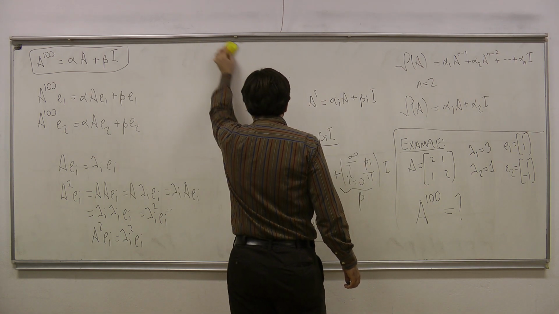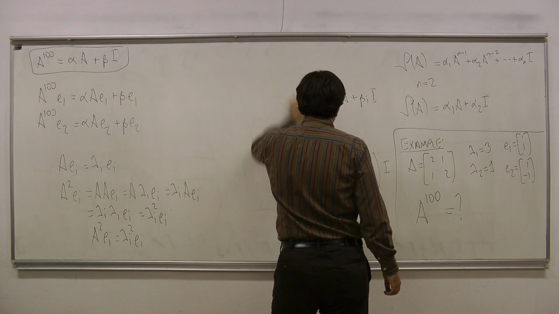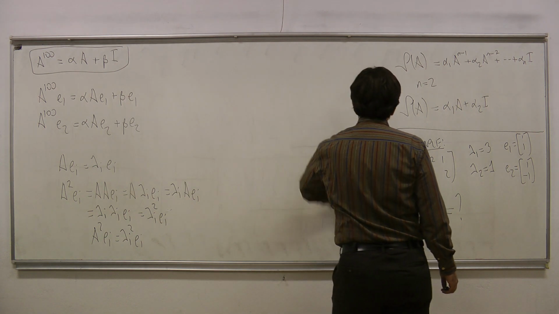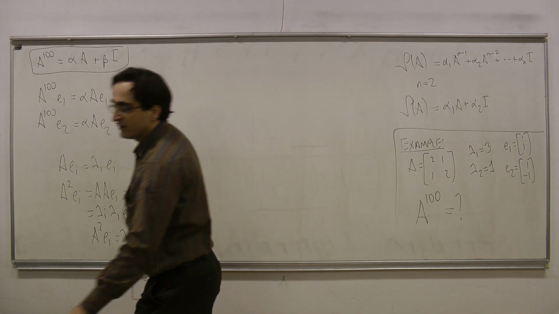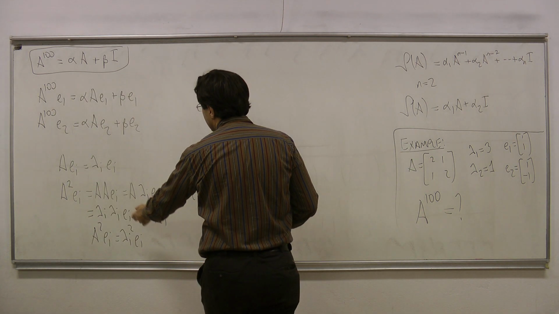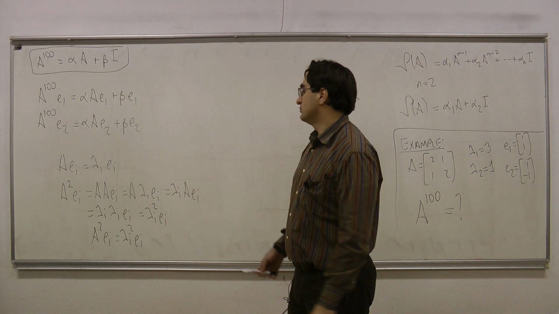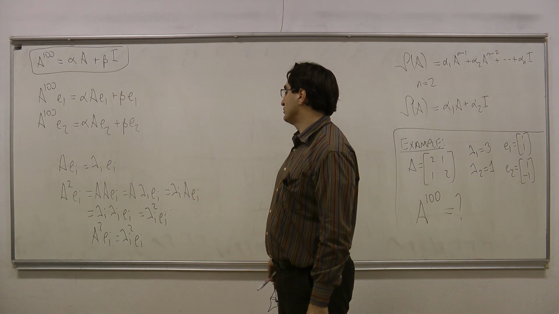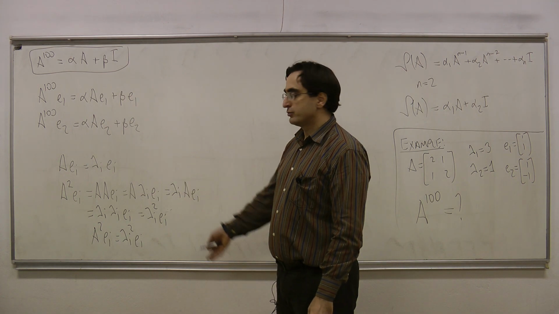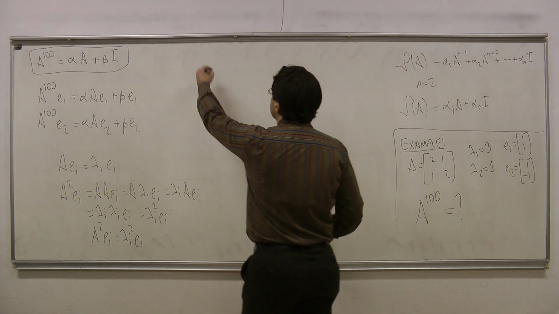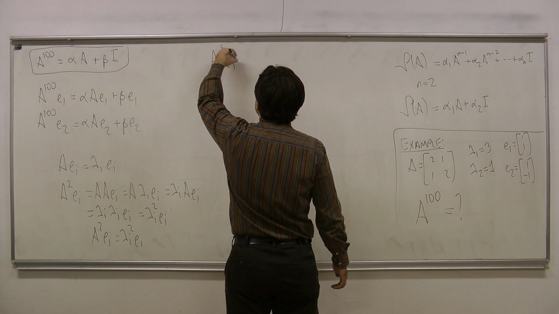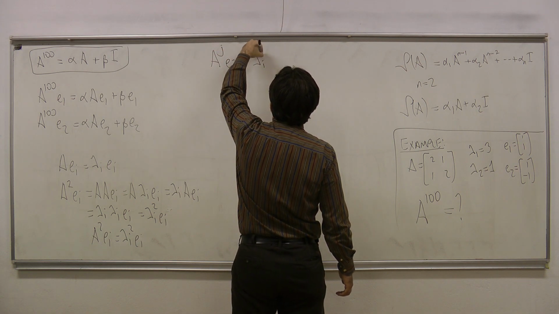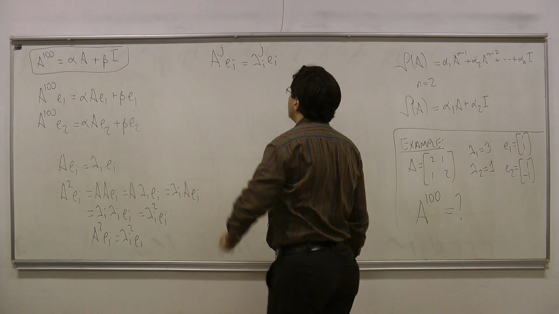So when I multiply a power of a matrix with the eigenvector, then the result happens to be the eigenvalue to the same power times the eigenvector. Okay? You can continue with this logic to write the following. A to the power, let me say, j times Ei is equal to lambda i to the power j times Ei.